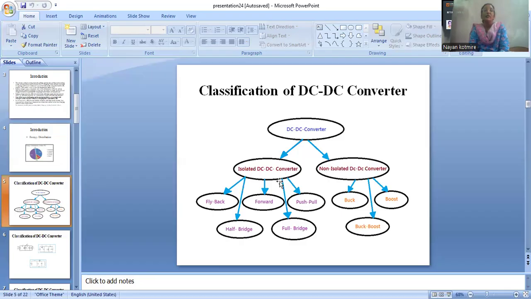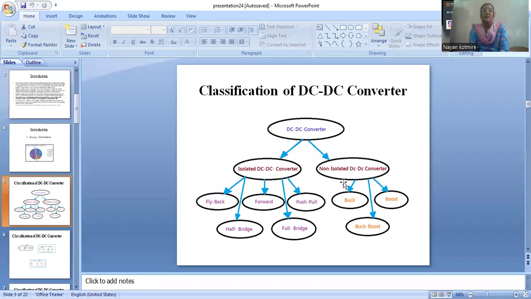Isolated DC converters use a transformer, which increases their weight. Isolated DC converters have five types: flyback, forward, push-pull, half-bridge, and full-bridge. Non-isolated DC converters have the buck, boost, and buck-boost converters.